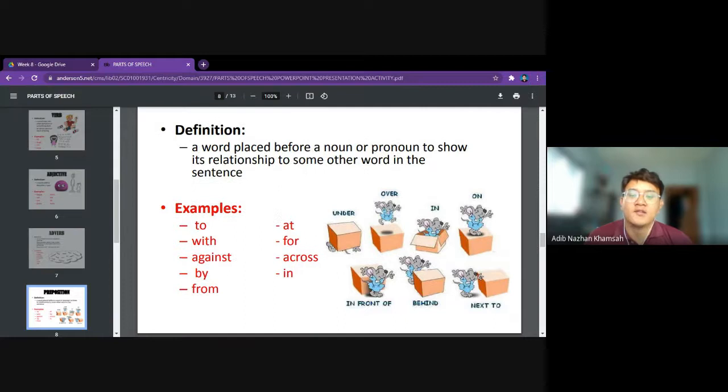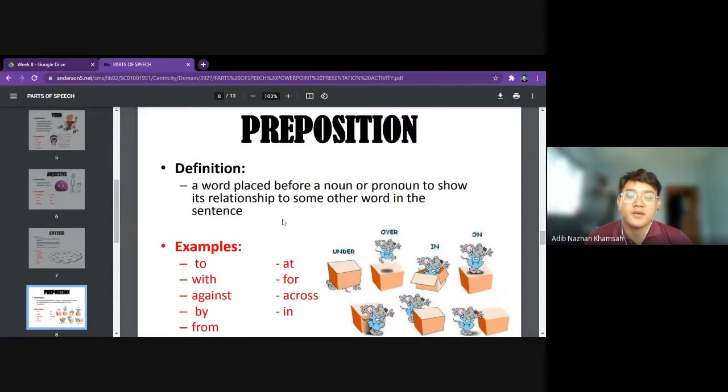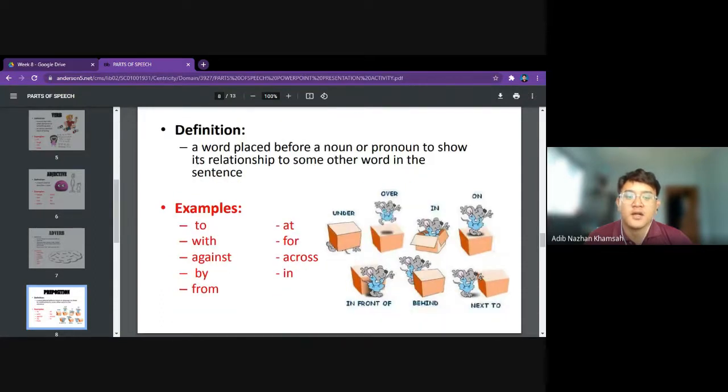Okay, atas, bawah, kiri, kanan, dalam, belakang, sebelah, depan, all of that is prepositions. Okay, examples: to, with, against, by, from, at, for, across, in. So these are all the words, okay, we can see in reading materials, okay, in any expository texts. Okay, it is placed before a noun, okay, to show the relationship to some other words in the sentence.